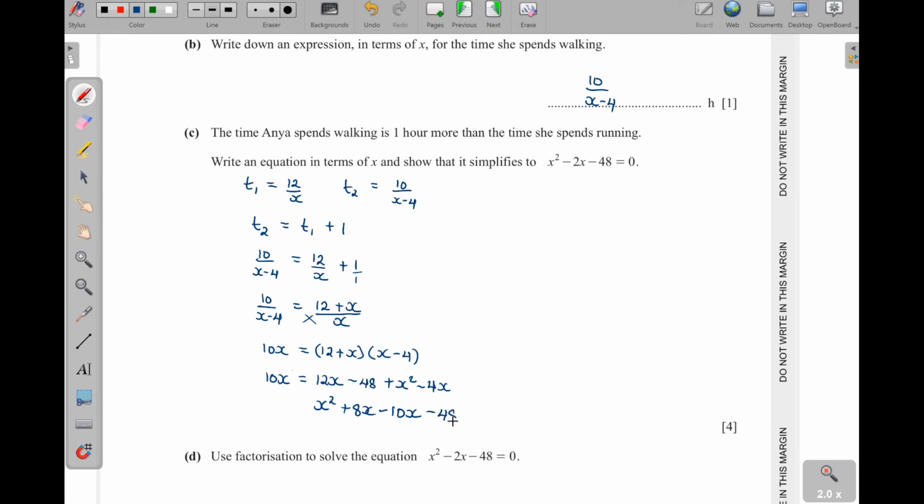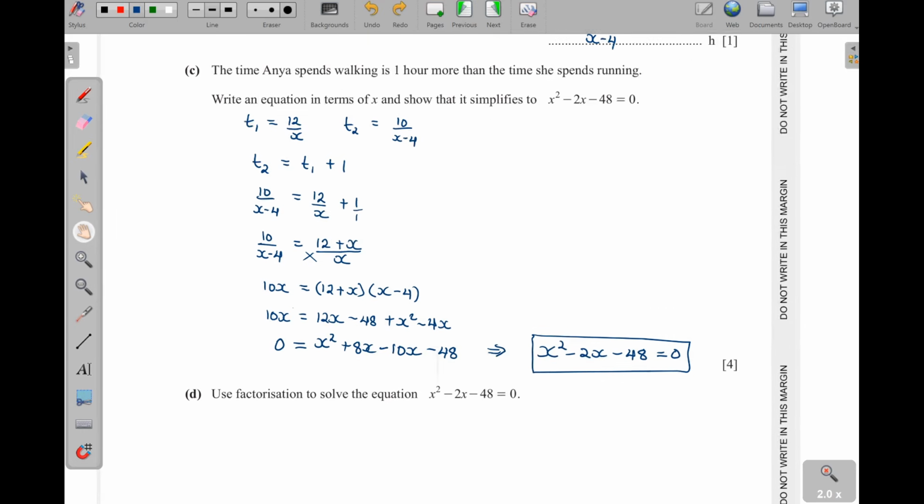Then minus this 48, is equal to 0. Then this one will give us x squared minus 2x, because 8 minus 10 is negative 2, then minus 48 is equal to 0. So that is what you get there, and that is what they have told us to prove.